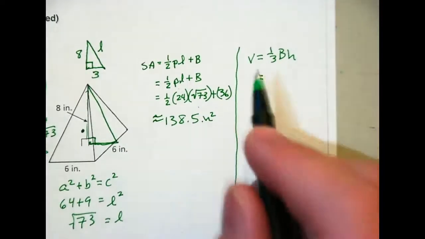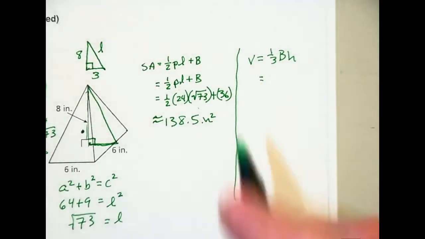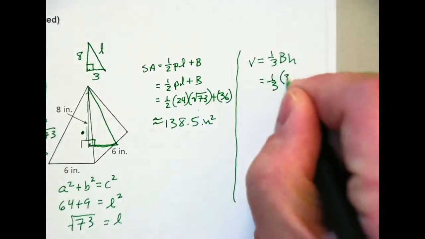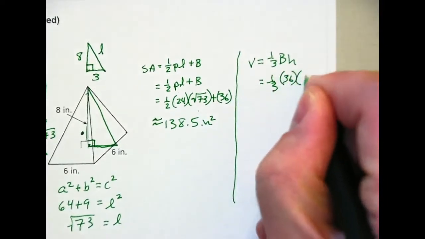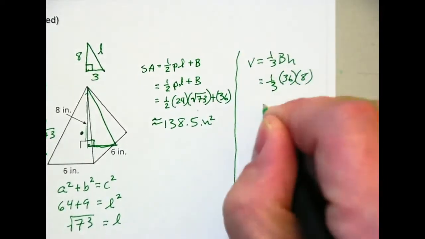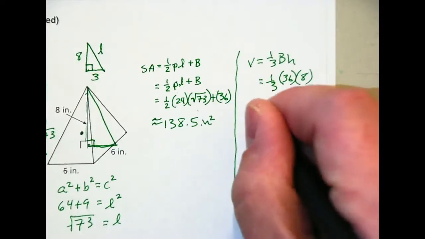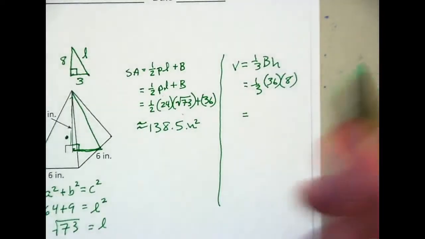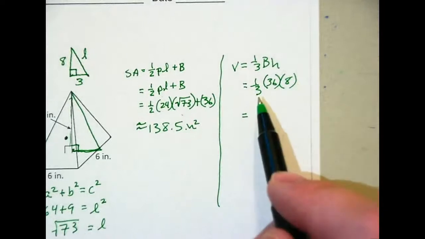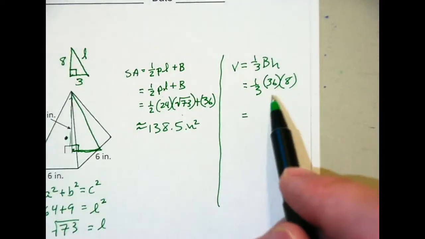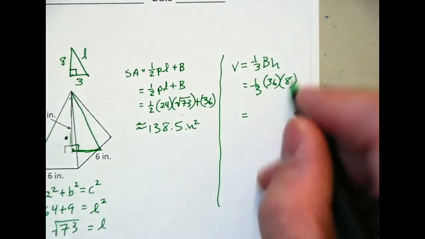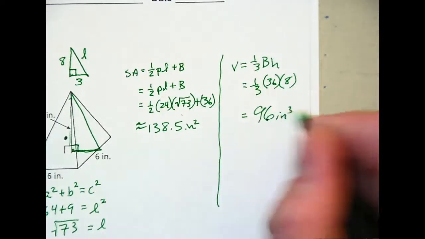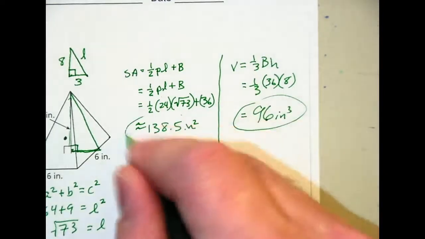What did we get for volume? Diamond? Did you get 36 times 8? Oh, okay. What'd you get? I got 96. Okay, yeah. I think that's right. Okay, good job.